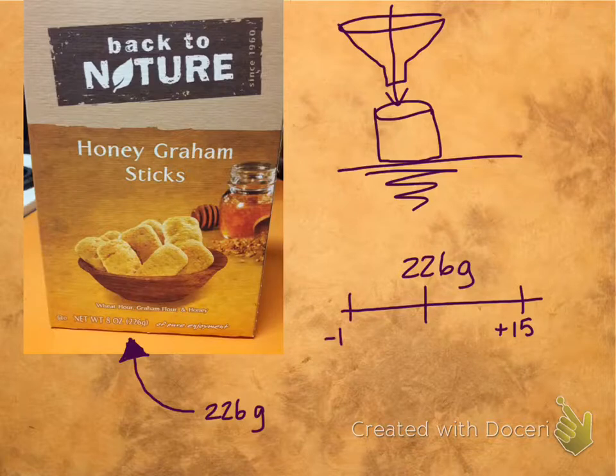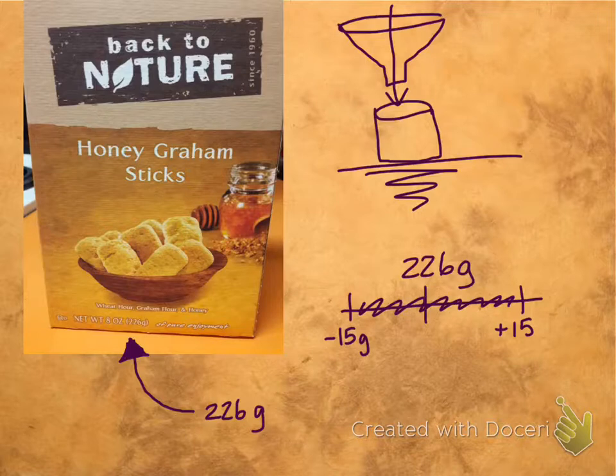You might have a minus 15 from there. Anything within this range is considered acceptable, and they'll label it as 226 grams. I'm not sure how tight that is. It might be 10 grams instead, or it might be plus or minus 5 grams. We'd actually have to ask the company and see what they say. But for the sake of our problems, let's just say that their goal is they want within 15 grams either side of this 226 grams. So that's your acceptable limit.